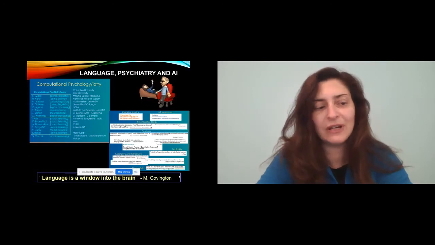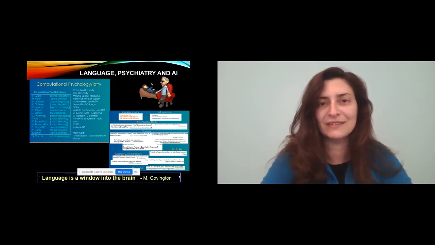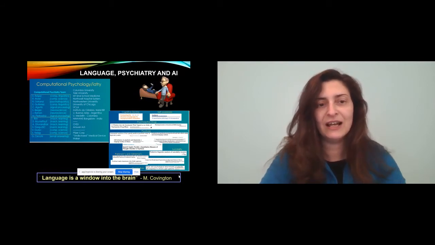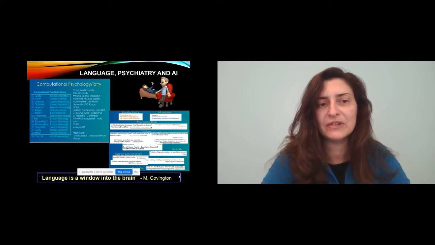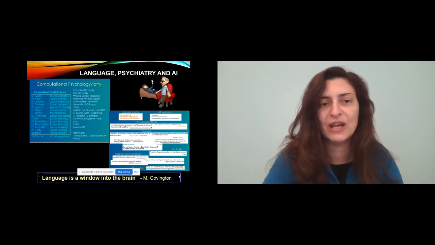So just to give a quick perspective about this whole new emerging exciting field at the intersection of language, psychiatry, and artificial intelligence, there are many potentially interesting signals about the mental states that can be learned, discovered in language, in interviews, in even written language.